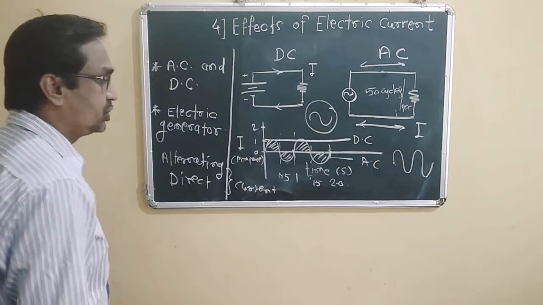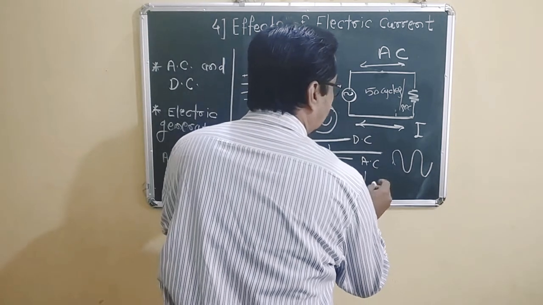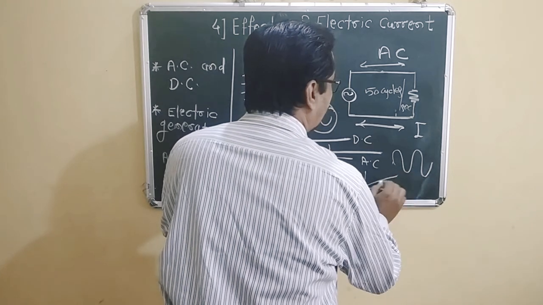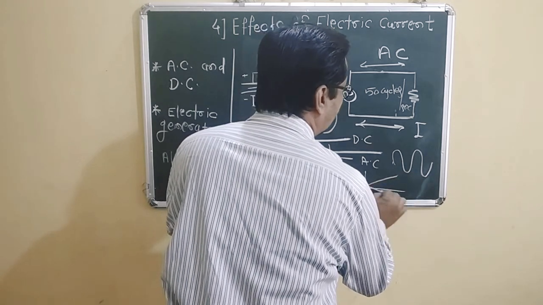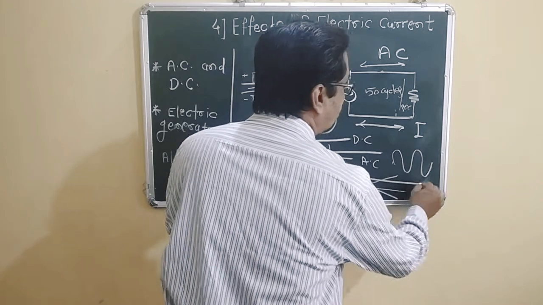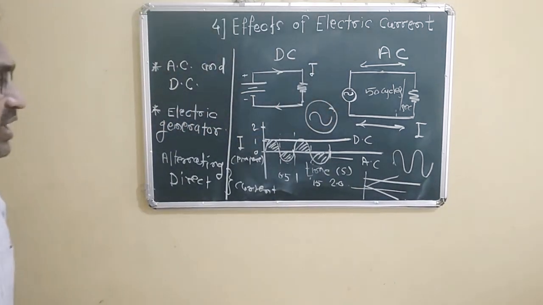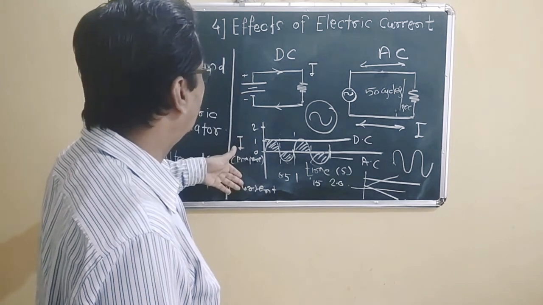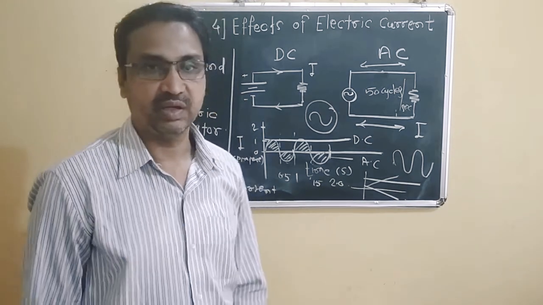So we have shown it can increase the value of current, decrease the value of current, and also be stable. These are the main differences between direct current and alternating current.